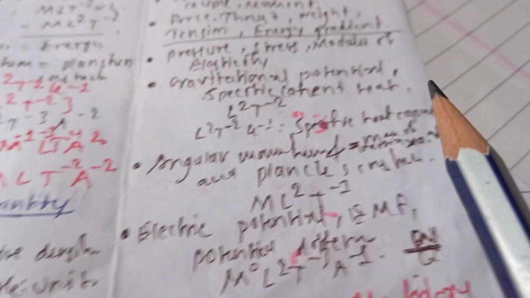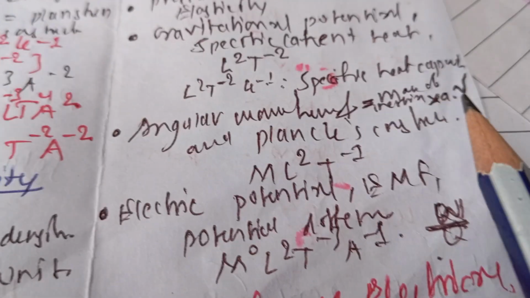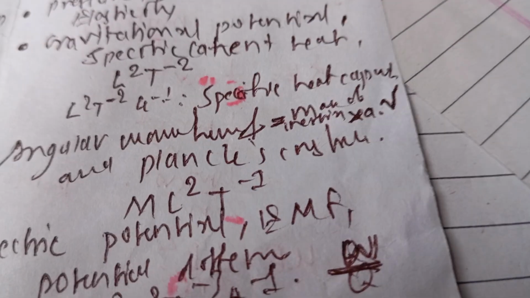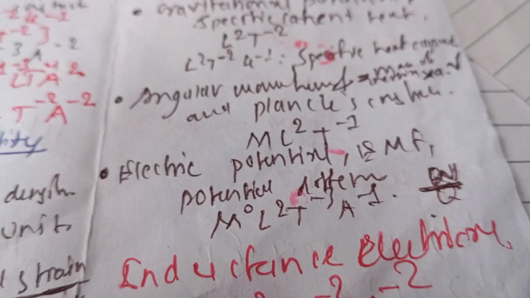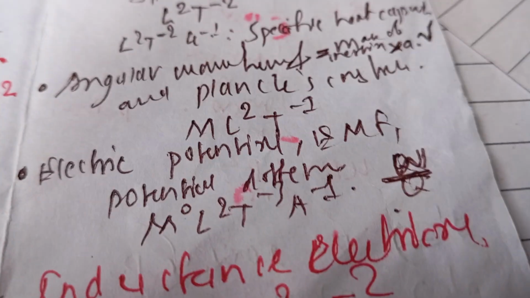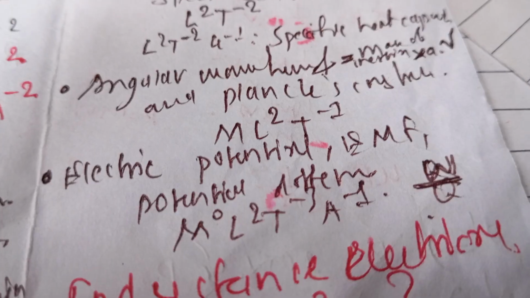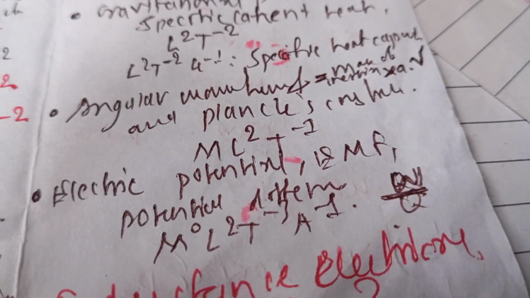Then specific heat capacity; angular momentum, moment of inertia into angular velocity, and Planck constant, ML squared T to the minus 1. Angular momentum and Planck constant have the same dimension.